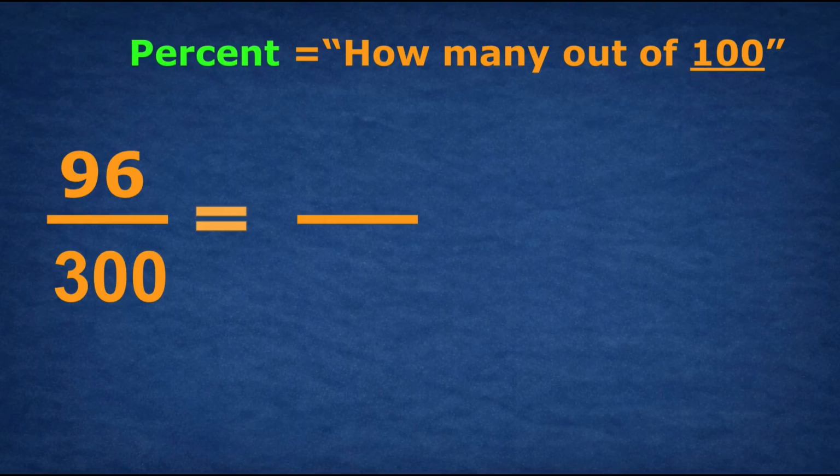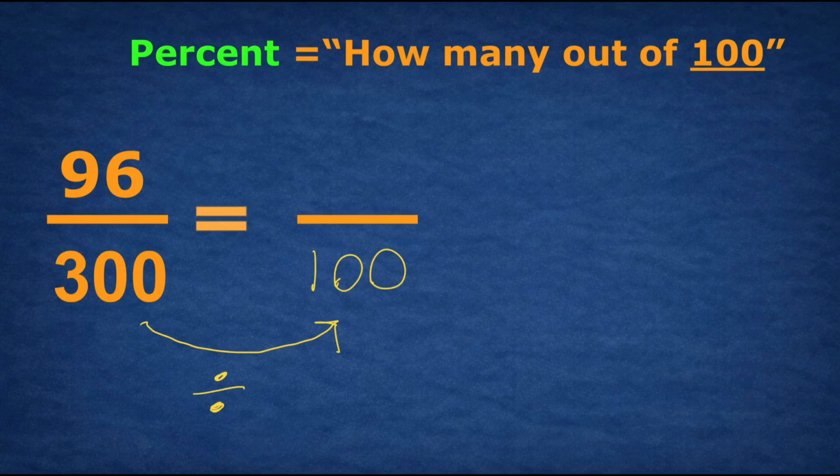My next example, I've got 96 over 300. In order to find the percent, I need to create an equivalent fraction that has a denominator of 100. Now in the previous examples, to get from one number to the other, we multiplied. But 300 is bigger than 100. So instead of multiplying, I know that we need to divide because we need to get smaller.